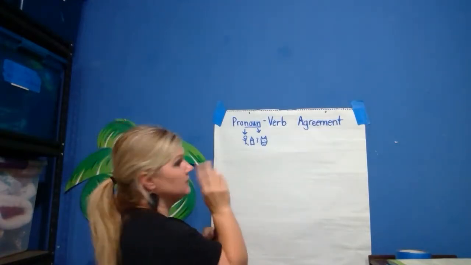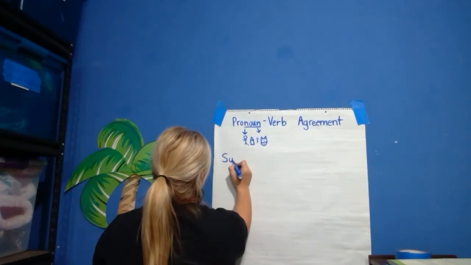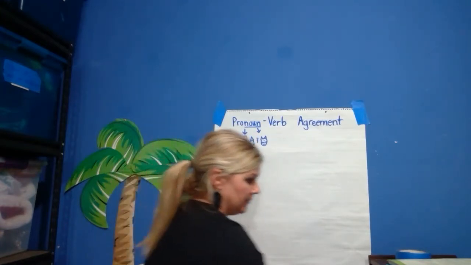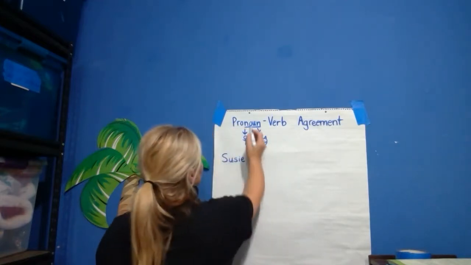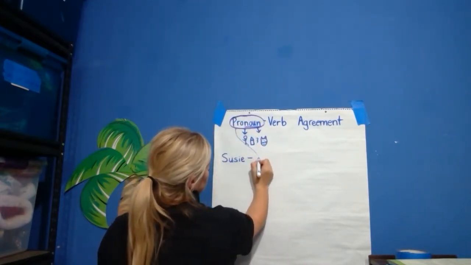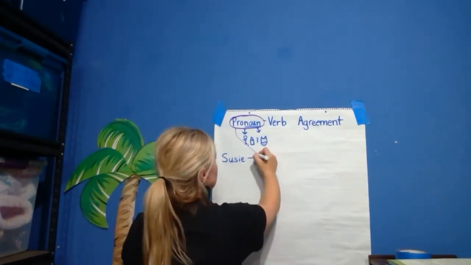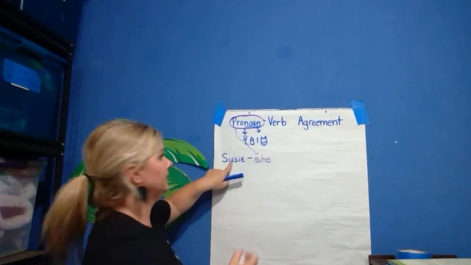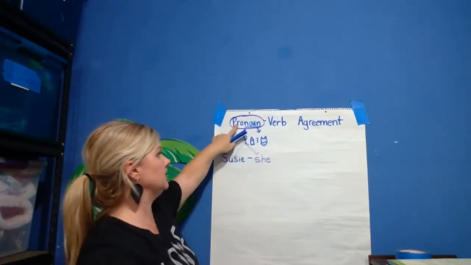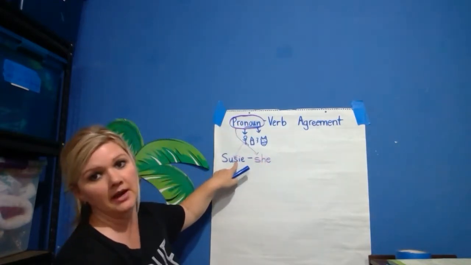So if I said Susie, Susie is a girl, but I want to replace it with a pronoun, the pronoun would be she. So I'm replacing the noun, the person, and the pronoun is replacing the name of a noun.